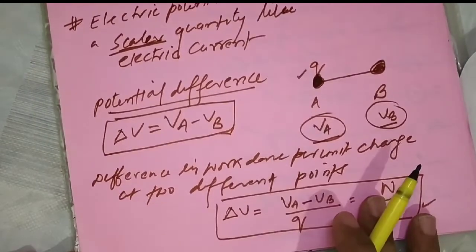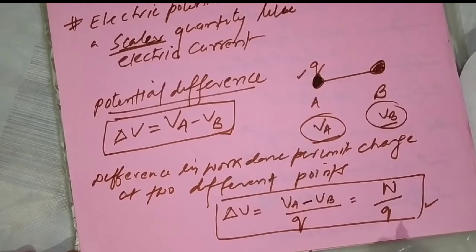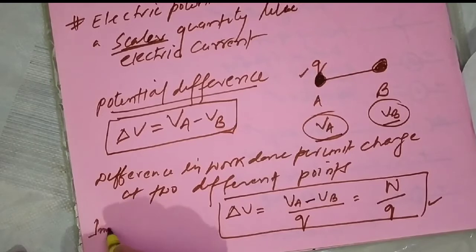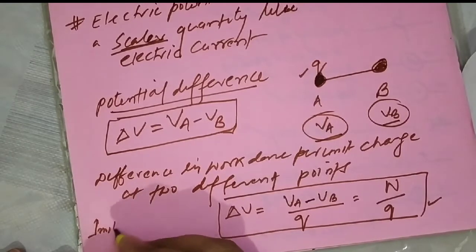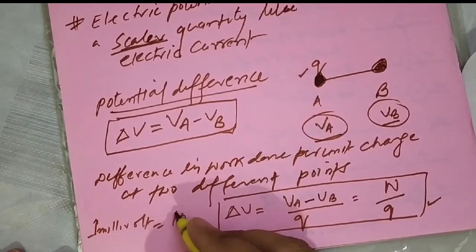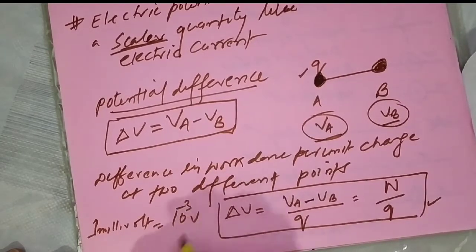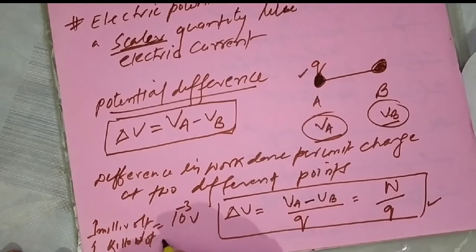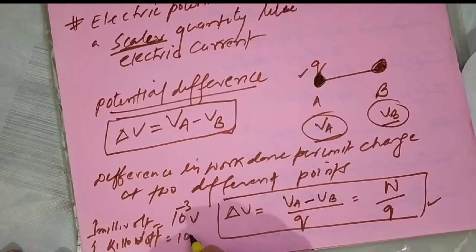We have other values like kilovolt, megavolt, or millivolt. 1 millivolt is equal to 10 raised to power minus 3 volt. 1 kilovolt is equal to 10 raised to power 3 volt.